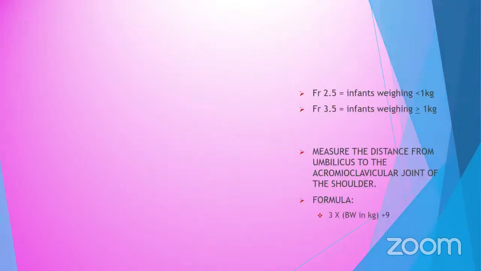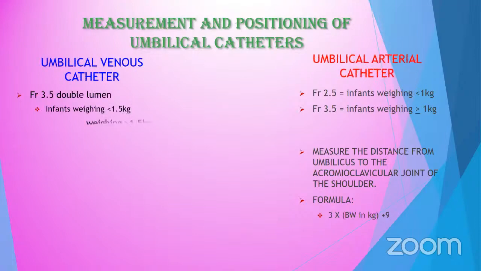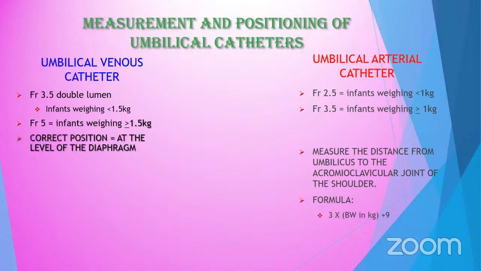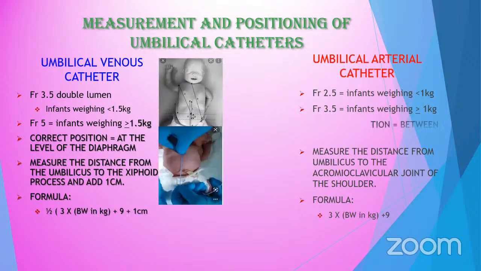Okay. And then measurement and positioning of the umbilical catheters. So we can differentiate again the umbilical venous catheter and the umbilical arterial catheter. For the UVC, we are using French 3.5 double lumen if the infant is weighing less than 1.5 kilograms, and French 5 for infants weighing greater than or equal to 1.5.